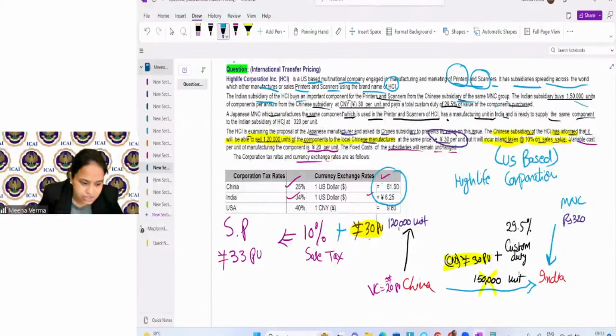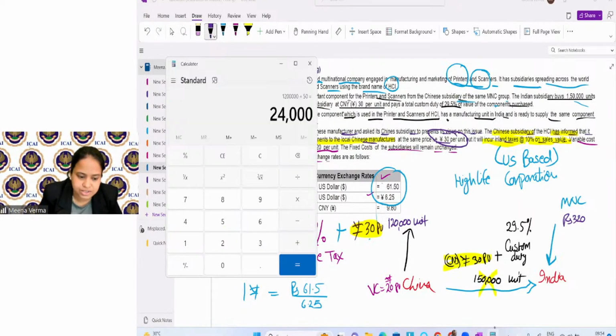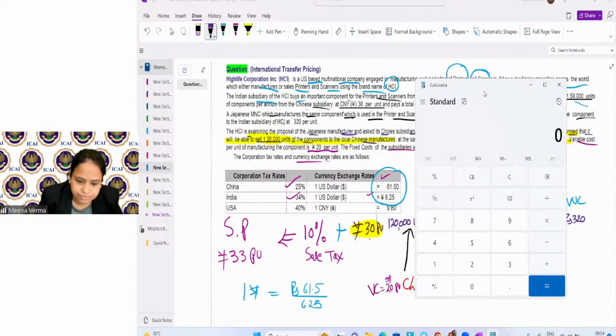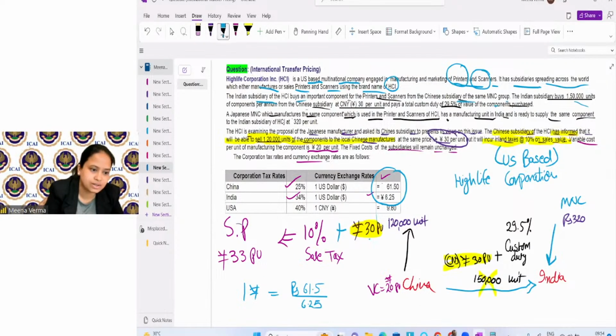You can find the currency exchange between yen and rupees. If 1 yen is equal to how many rupees? 61.5 divided by 6.25. Just divide it, you will get the currency exchange rate between India and China also. 9.84 is the currency rate conversion.